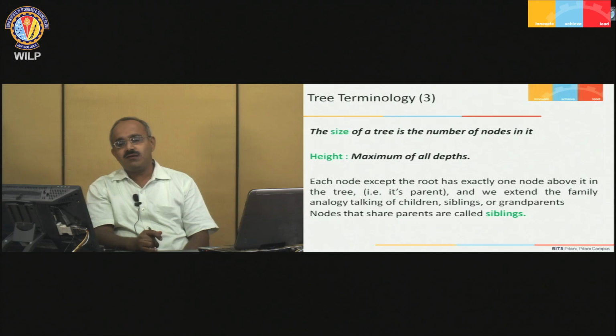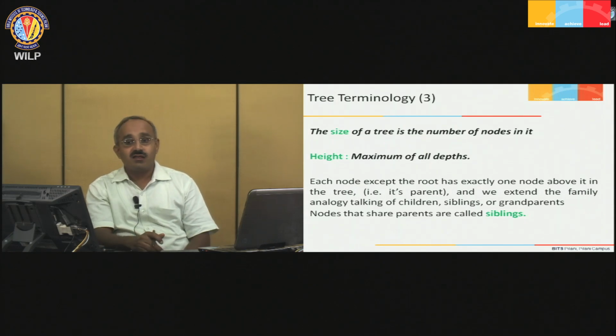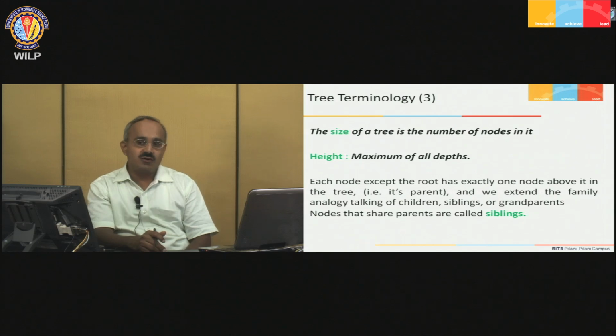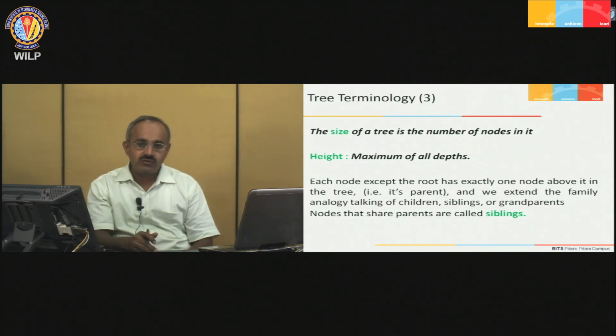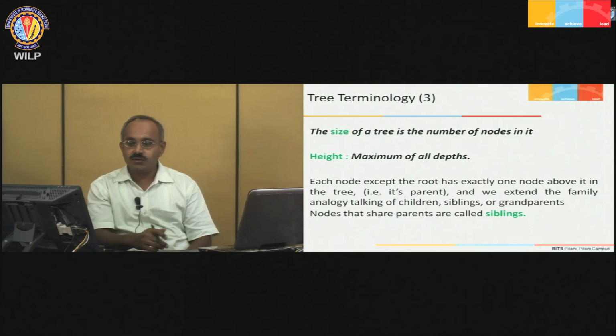The size of a tree is just going to be the number of nodes that you have in the tree, and a very important idea is going to be the idea of height. You look at all nodes and their depths, and the one which has the maximum depth will be the height of the tree.